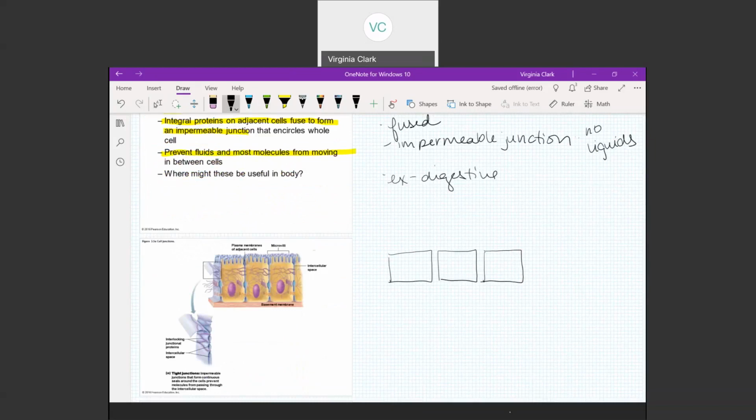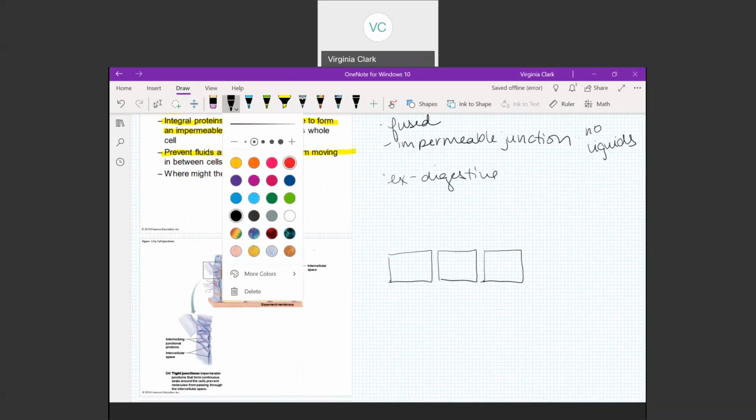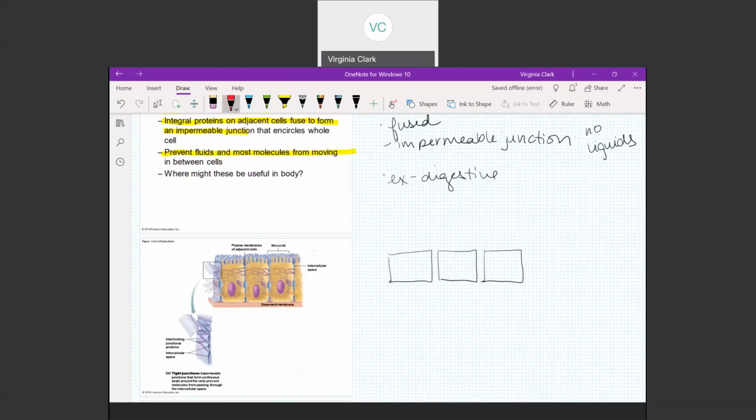The way these are connected is these are actually going to be sewn together. So if you look right here, you can see that these guys are sewed together. The way they are connected is nothing is able to get through these cells. So they are sewed together and it is impermeable. You can see this right here, how they are sewed together. It's very, very cool.